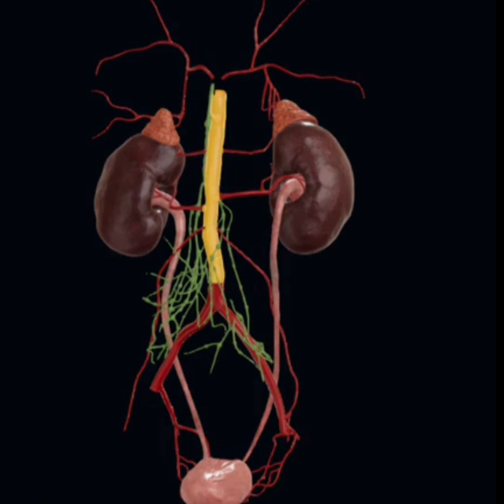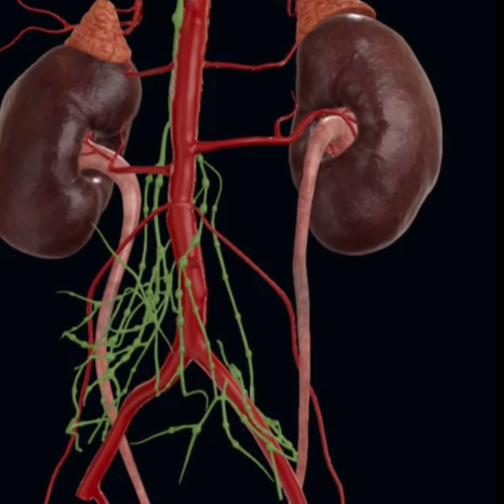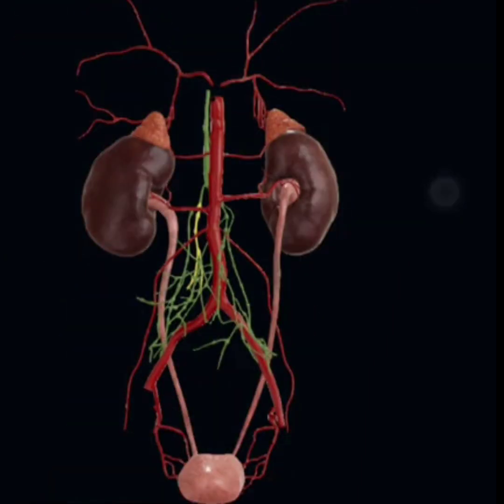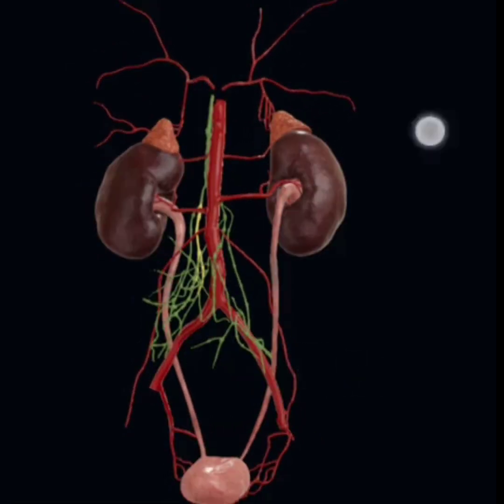Abdominal aorta goes downward and divides into the common iliac artery left and common iliac artery right. And the small branch is the renal artery that goes to the kidneys.